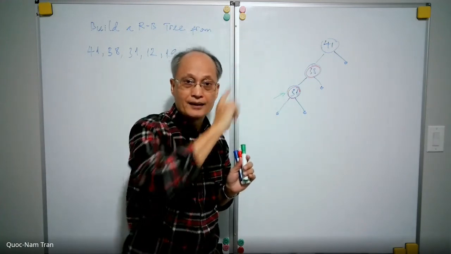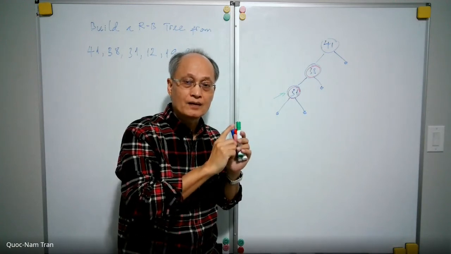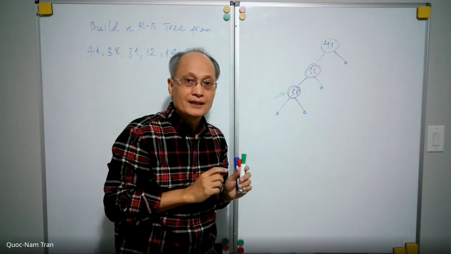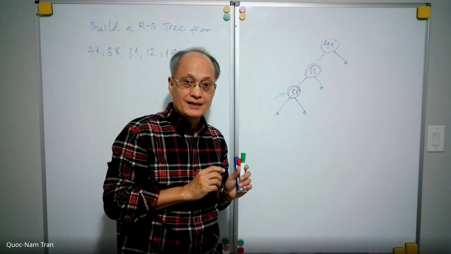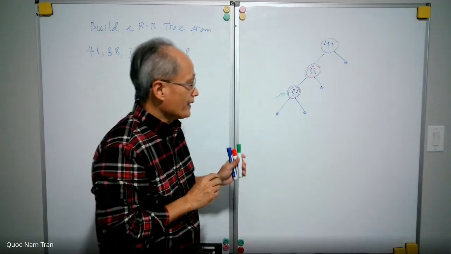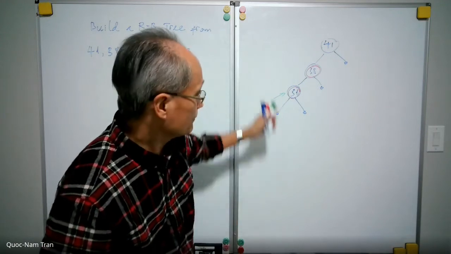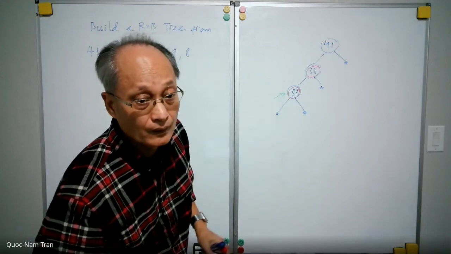And go up. Go up meaning we try to see if the color of the great grandparent is also red. If it is, then we have to correct that situation, right?